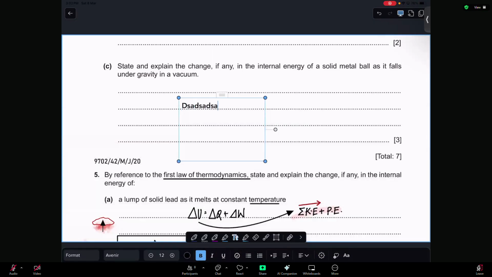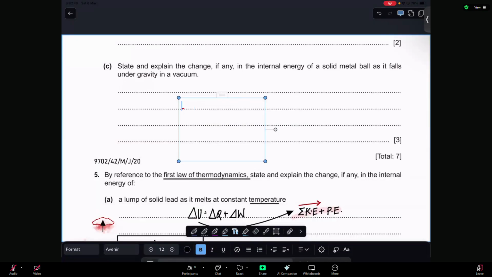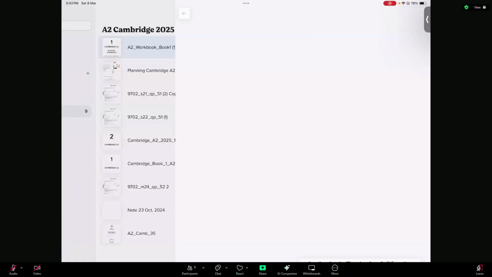Okay, take out your book two. Book two paper. Okay, we'll start work power energy.